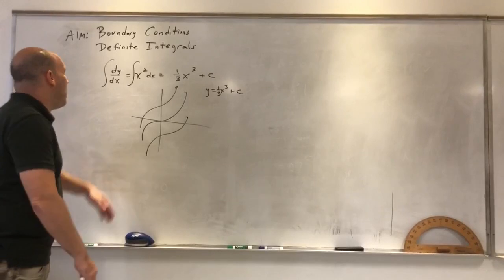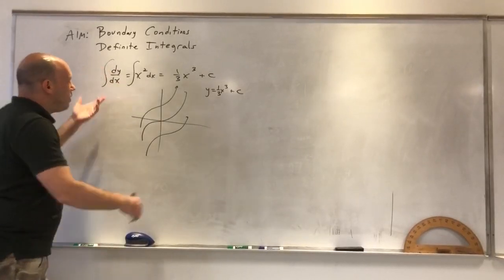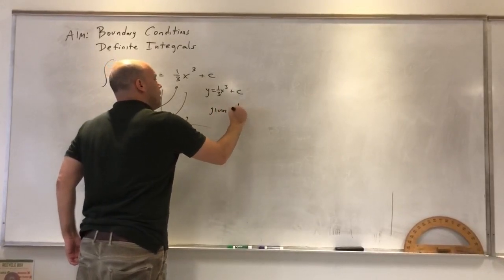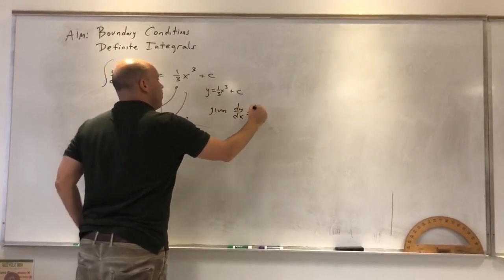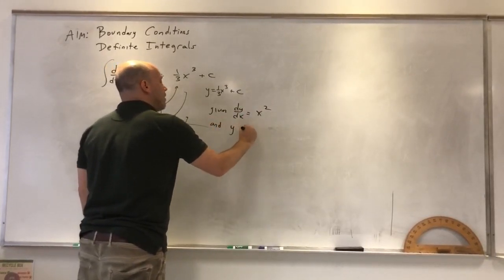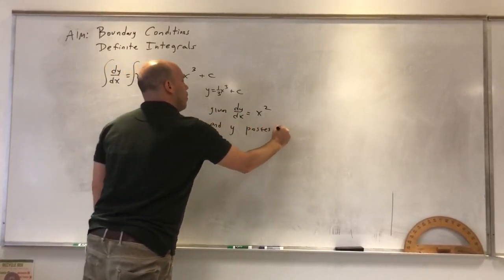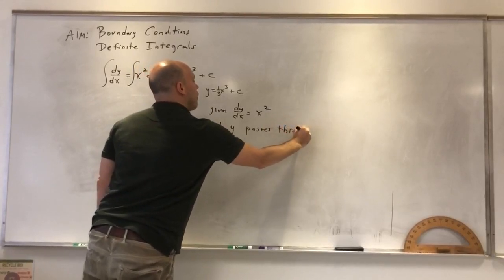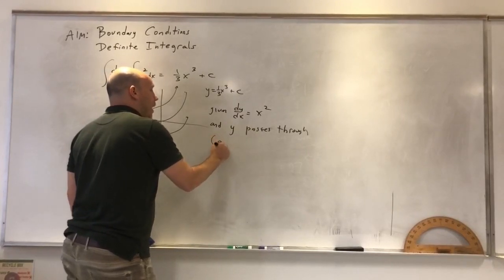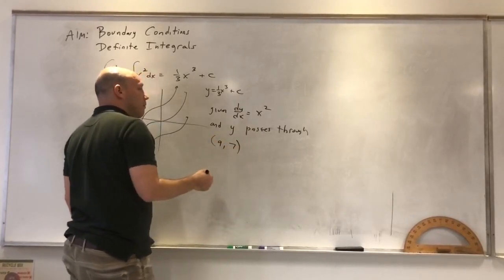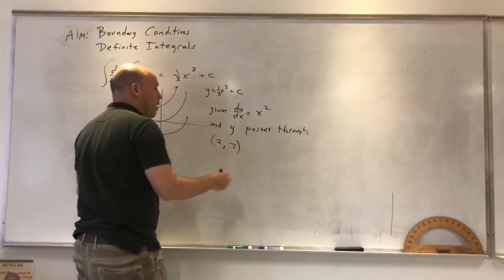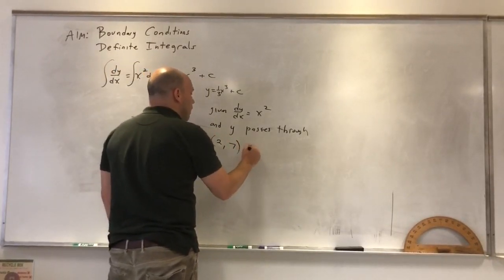So the question would be, given that dy over dx equals x squared and y passes through, let's say, 9, 7. No, not 9, 7. Sorry about that. How about 2, 7? So you find y.